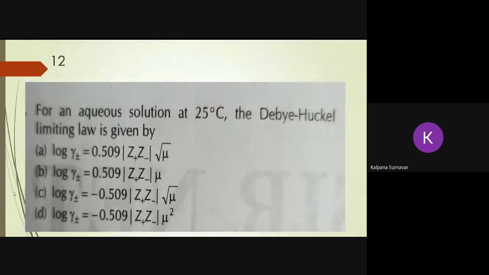Mu is the ionic strength, which is calculated using the equation m1 into m2 divided by m1 plus m2. By using this, you can find out the log of the activity coefficient, log of gamma plus minus, and the answer number 3 is the correct option. Log of gamma plus minus is equal to minus 0.509 mod of Z plus Z minus into square root of mu.